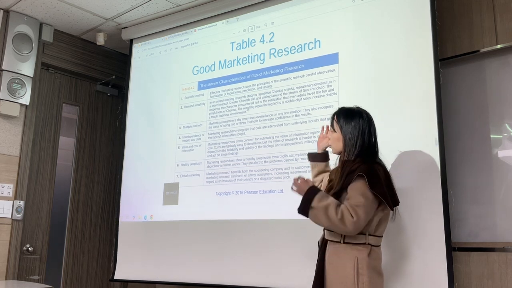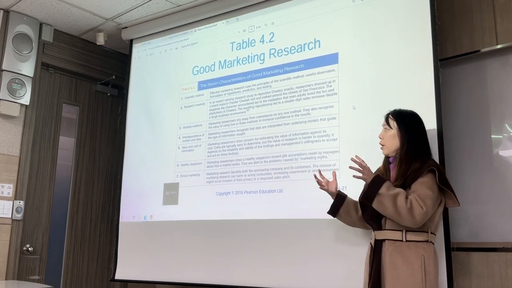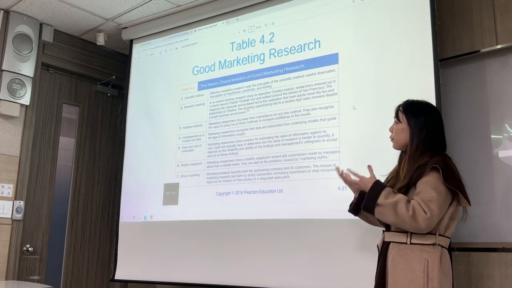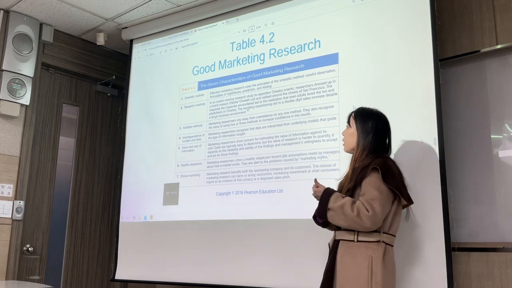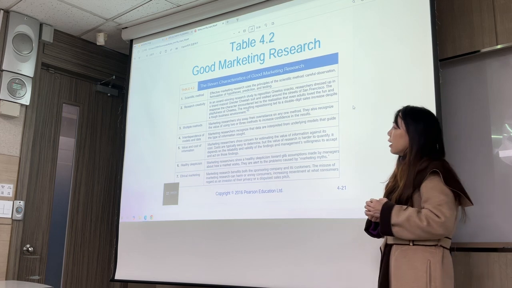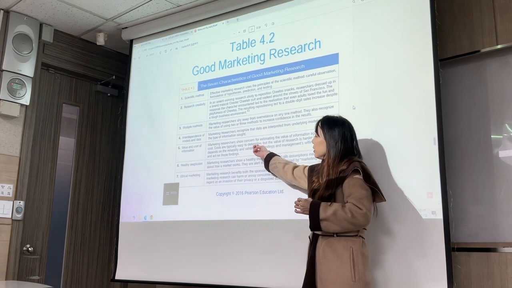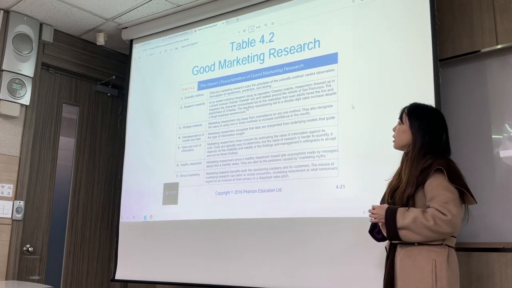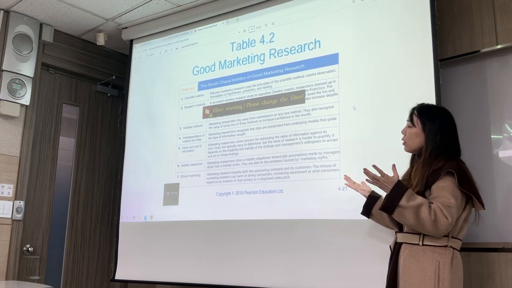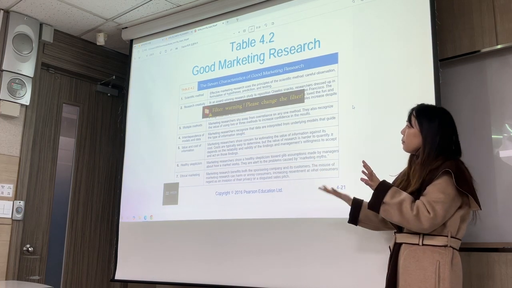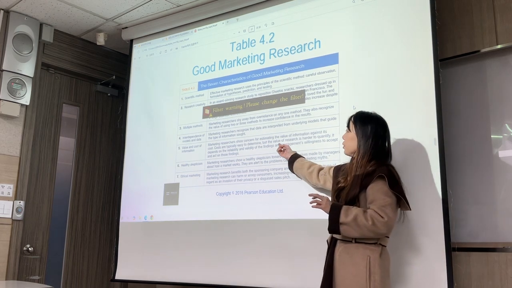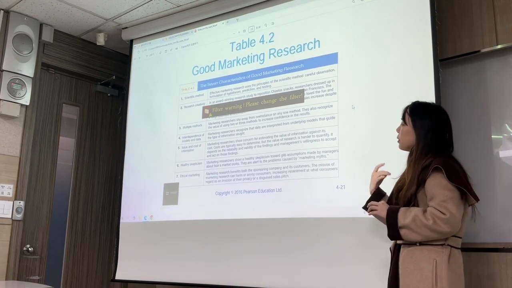And then there should be valuable information from your research. Marketing research shows concern for estimating the value of information against its cost. Costs are typically easy to determine, but the value of research is hard to quantify. So it's okay if you only use 10 questions for your survey, as long as you can find valuable information from your research.